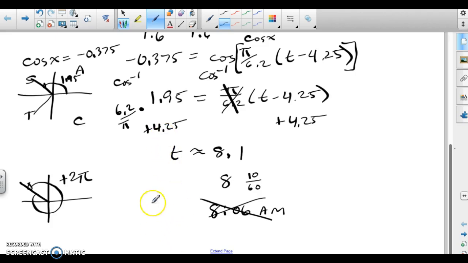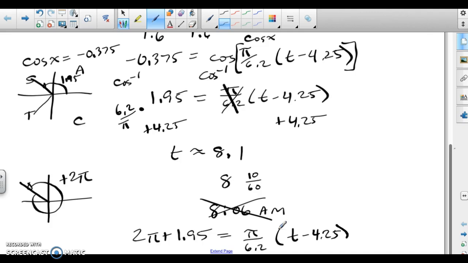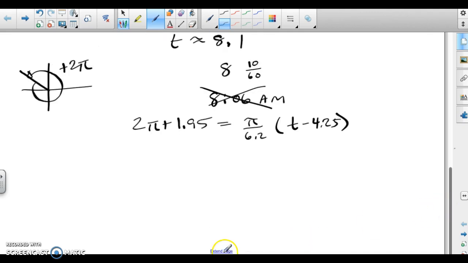And then we set that equal to pi over 6.2 times t minus 4.25. And then we can solve again for our value of t. In doing so, we just use our calculator. We end up getting that t is equal to 20.5.